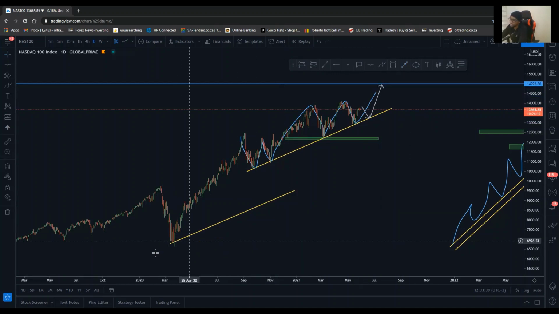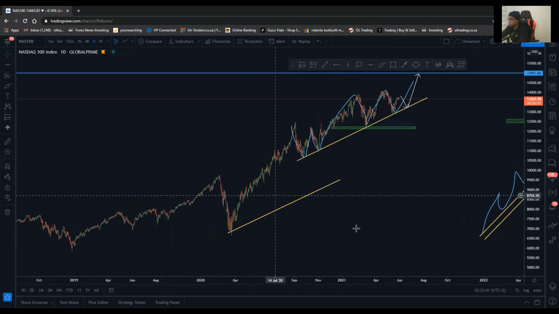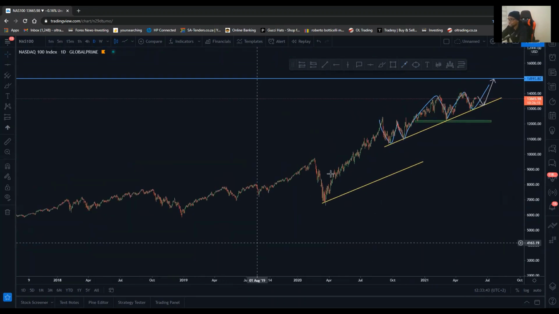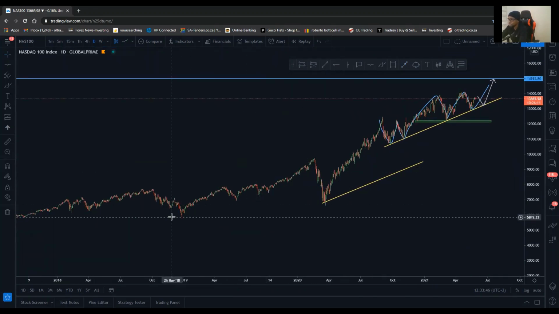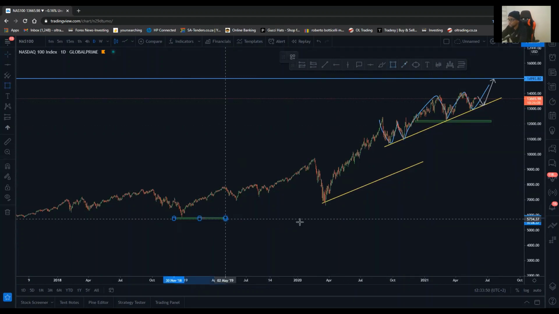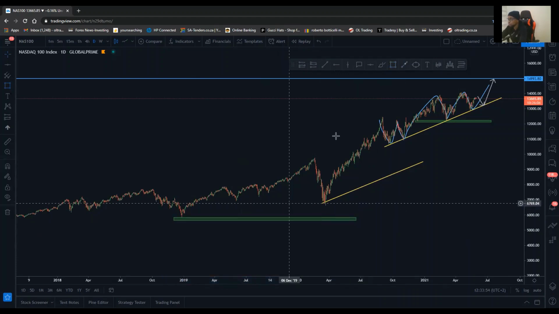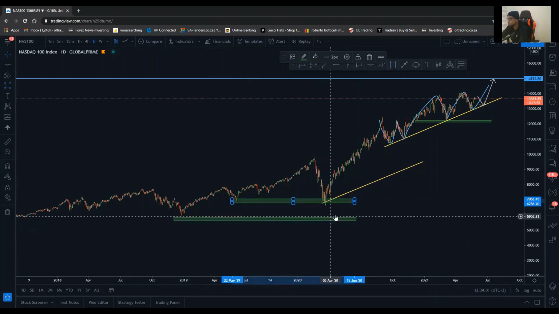You understand? Because you must understand this is the low, but also look what happened around this level here. You see, this was the lowest point. But do you see where price reversed? It never came to this lowest.